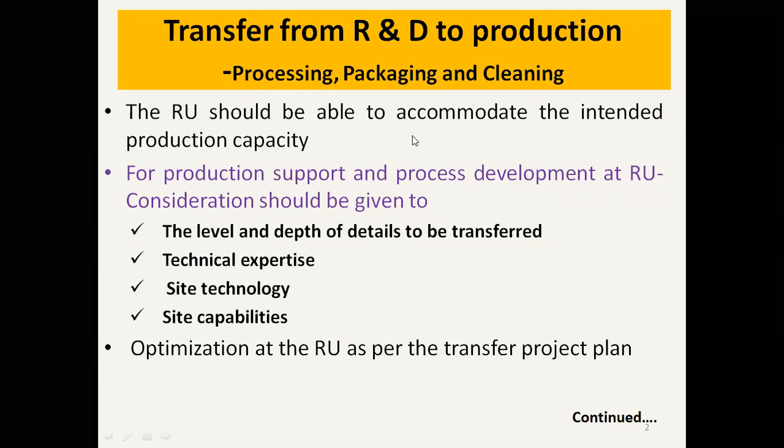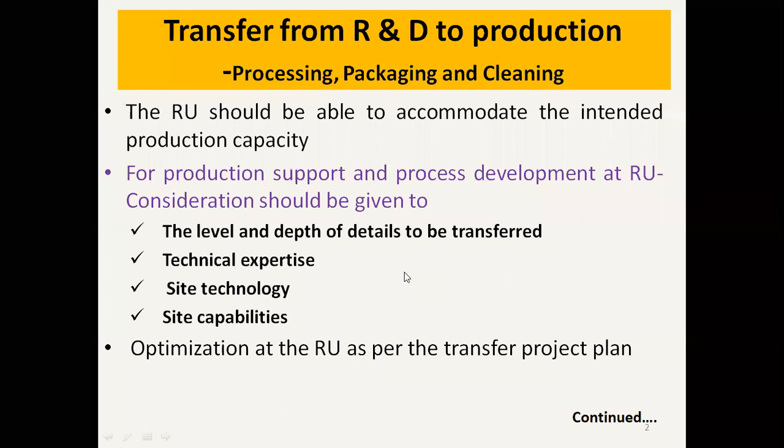Then some requirements are for production support and process development. At the RU side, there must be the level and depth of detail to be discussed, and there must be support for production and any further process development, and also support for technical expertise, site technology, and site capability.